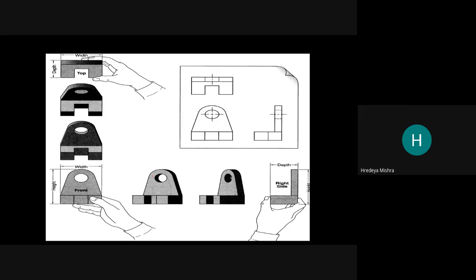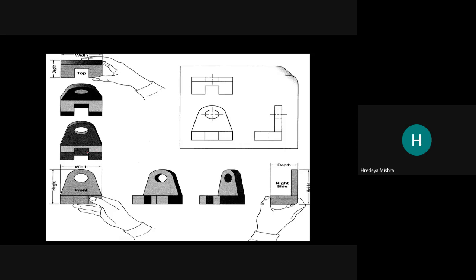Now from here we can observe that this is our isometric view. So what happened? From the front, this is our front view.